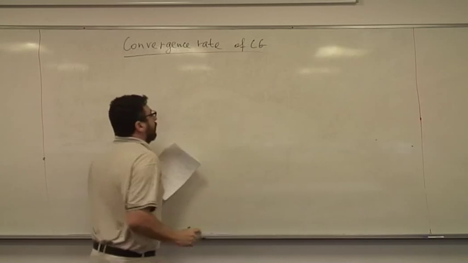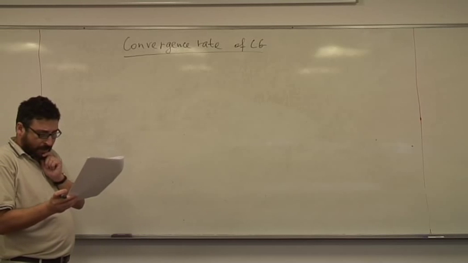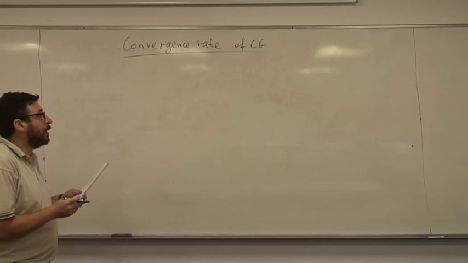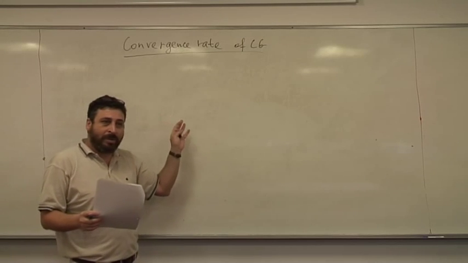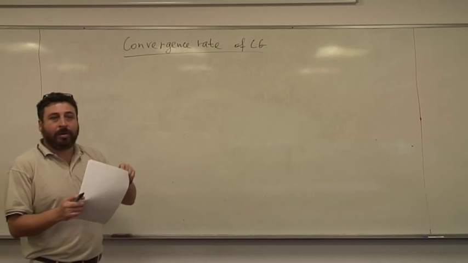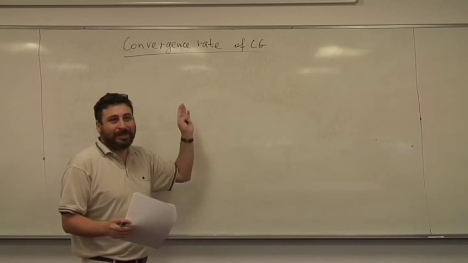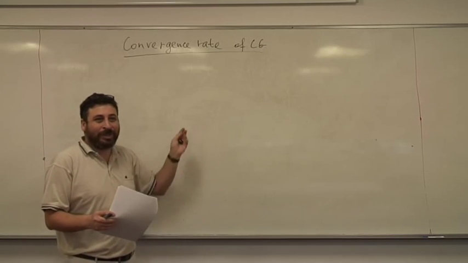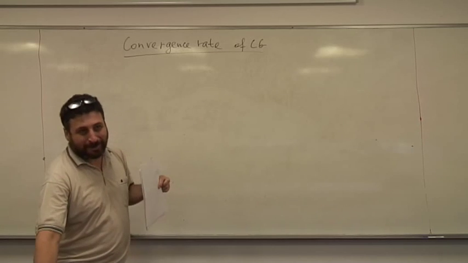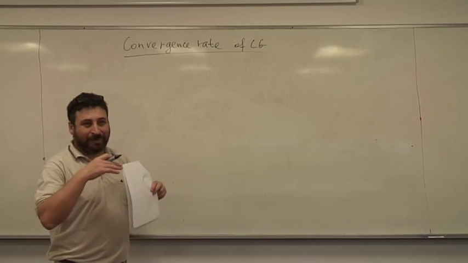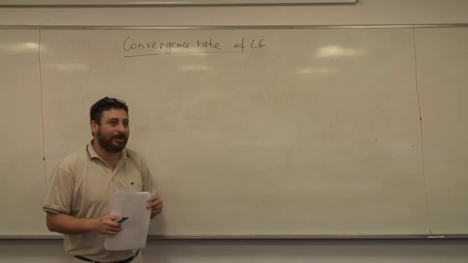There are many results, but one of them: first of all, for the conjugate gradient method for a quadratic form with n variables, I forgot to say that it should have a positive definite matrix Q. Otherwise, if it's not positive semi-definite, the quadratic form will decrease to minus infinity.